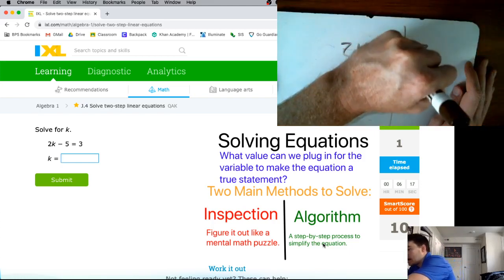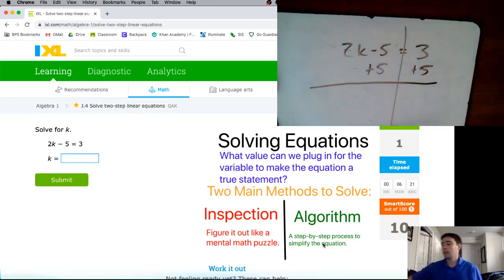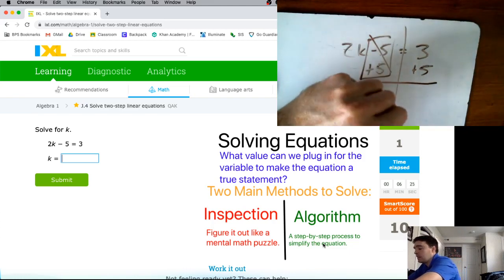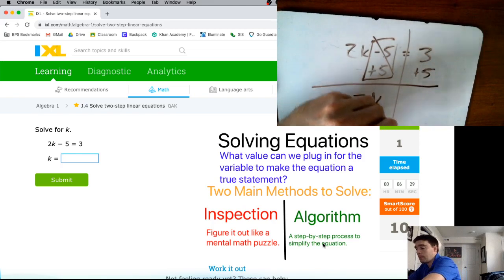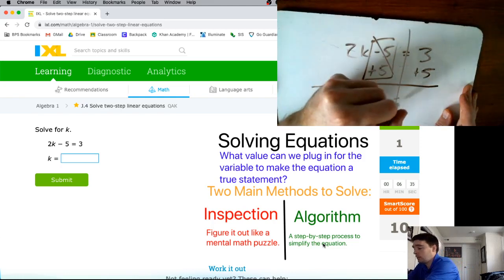Either way, I'm going to be adding 5 to both sides of my equation. By adding 5, I cancel out the negative 5. I've simplified the left side so that all that is remaining over there is 2k. And now the right side is going to be the sum of 3 and positive 5, which gives me 8.